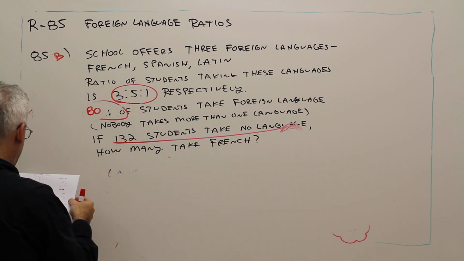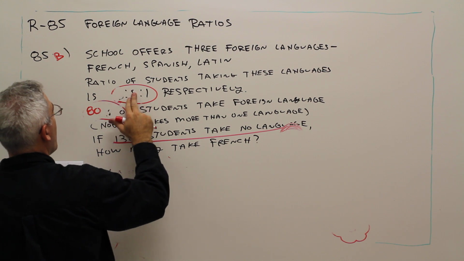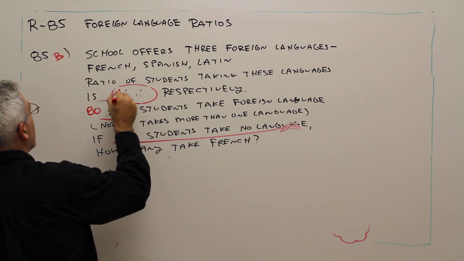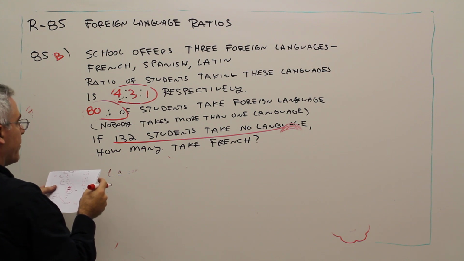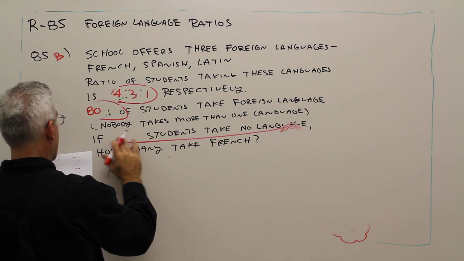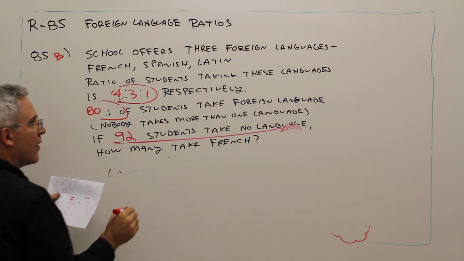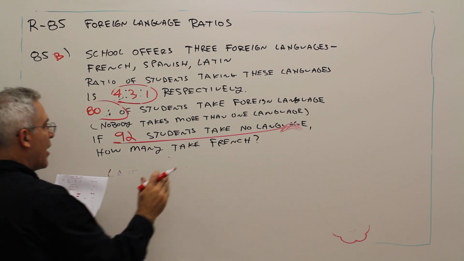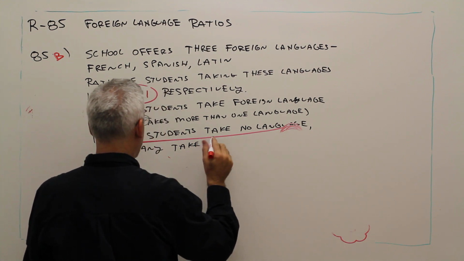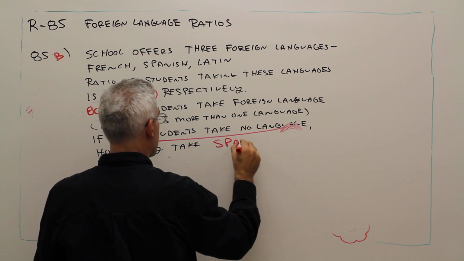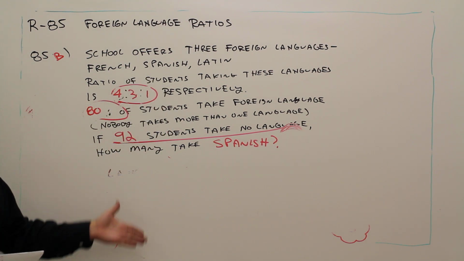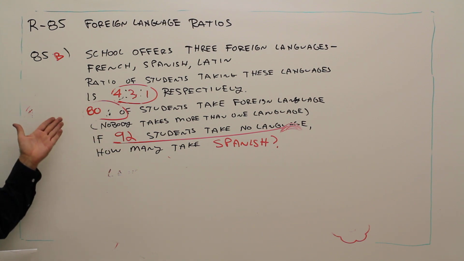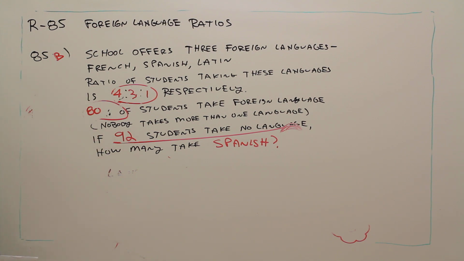Let's say the ratio is 4 to 3 to 1. Let's say that we've got 92 students that do not take a language. And let's try to find out how many students take Spanish. Okay, so try to work out problem 85B, and I'll write down the answer momentarily.